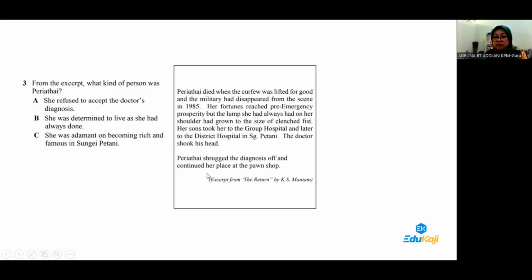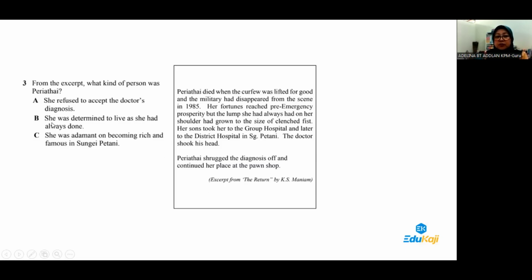Shrug could be someone who is very stubborn, couldn't care less, and doesn't bother about it. She wants to continue with her normal activities that she does every day, because probably she likes working at her place at the moment.